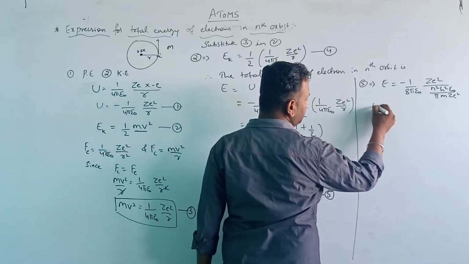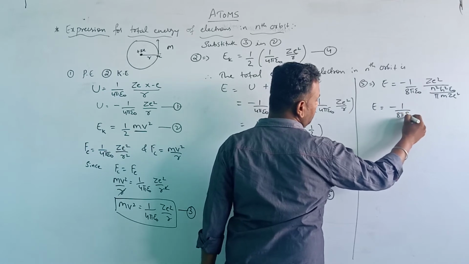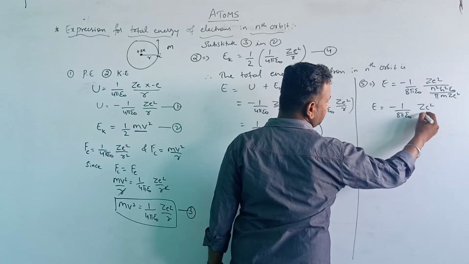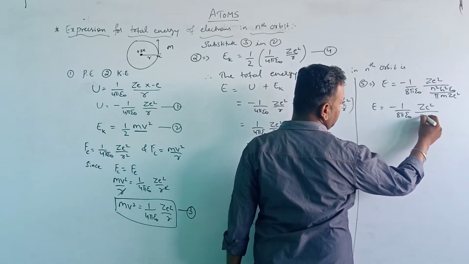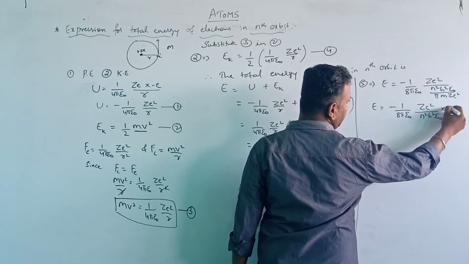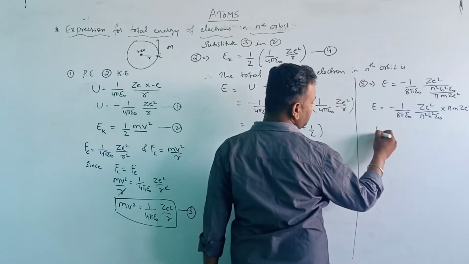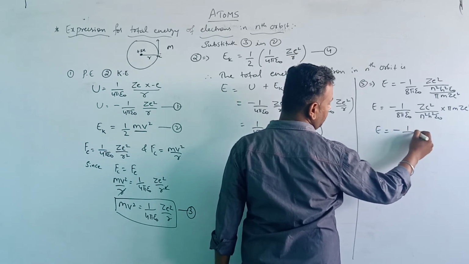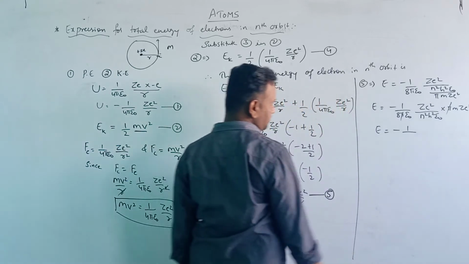So that becomes total energy is equal to minus 1 by 8 pi epsilon naught Z square divided by n square h square epsilon naught into pi m Z square. That you will be getting E is equal to minus 1 by, so here pi will get cancelled.